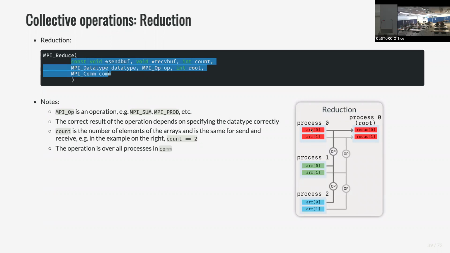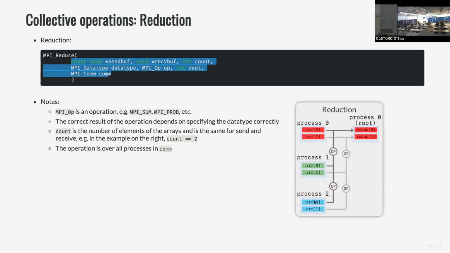So in this case you have three processes: process 0, process 1, process 2, and each process has two elements of an array, right? So array 0, 1 on process 0, array 0, 1 on the others. Of course, these can have different values, but they have the same name.